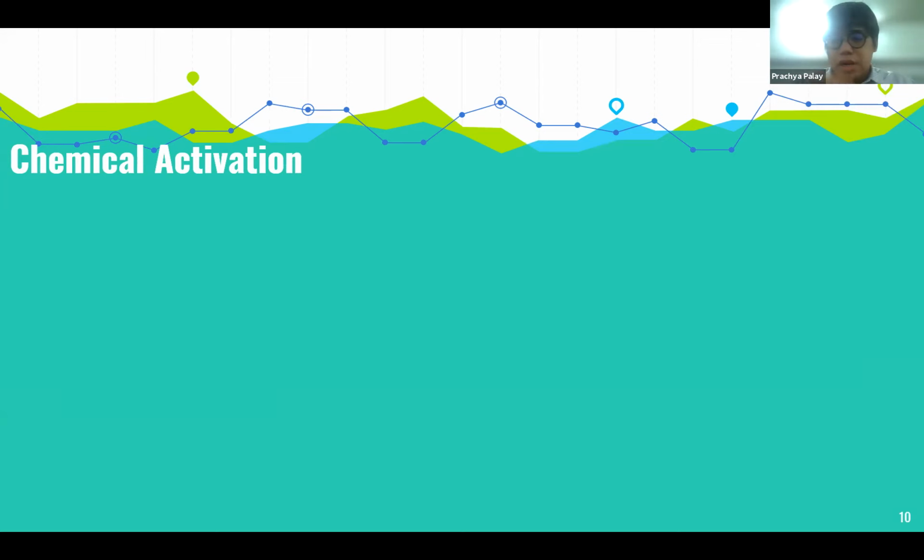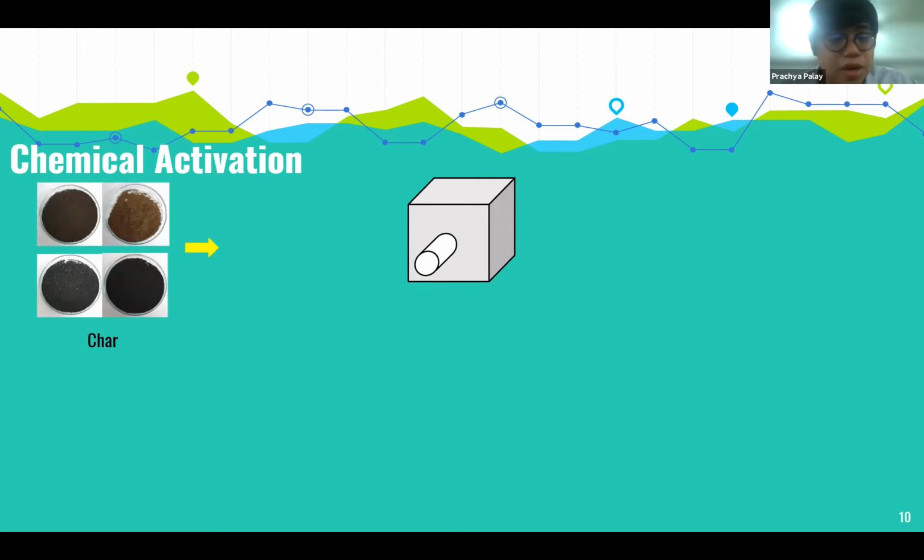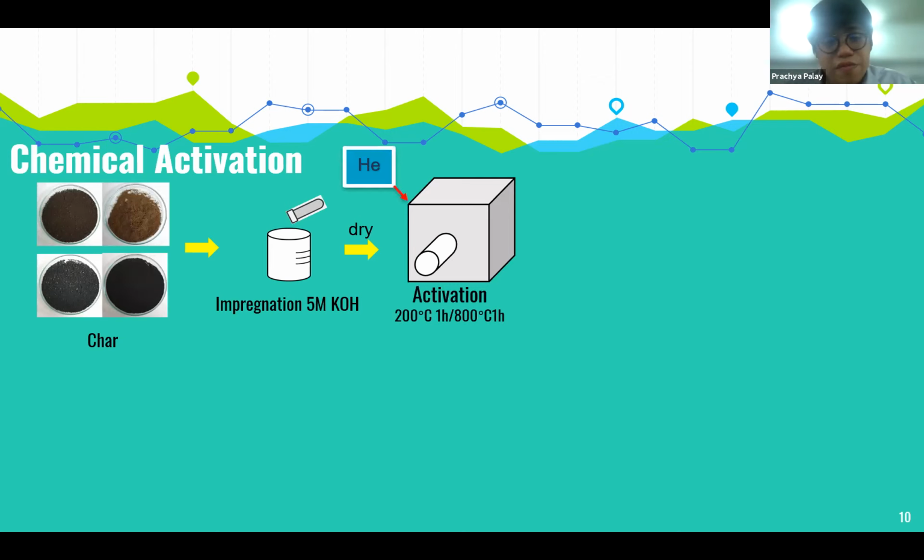For the chemical activation, I will use the tube furnace. The char product is impregnated with KOH and put in the tube furnace, heated up to 200 and held for 1 hour, then to 800 degrees Celsius and held for 1 hour.